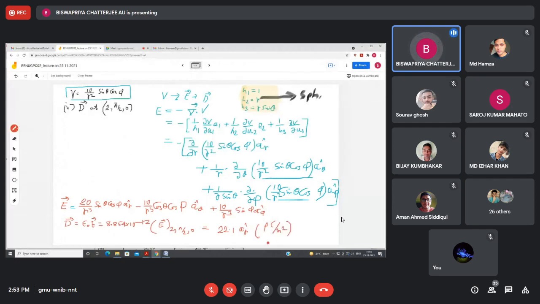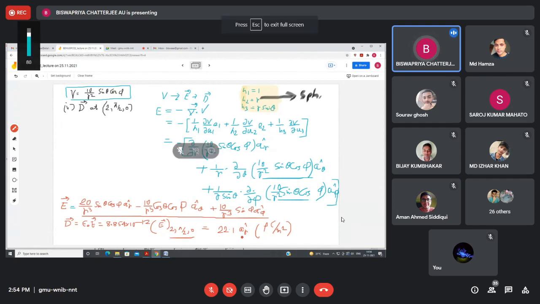So this is the answer at this point, provided after evaluating E we have substituted r is equal to 2, theta is equal to pi by 2, and phi is equal to 0 in this big expression, and after multiplying it with 8.854 into 10 to the power minus 12, we are getting 22.1 a r cap.